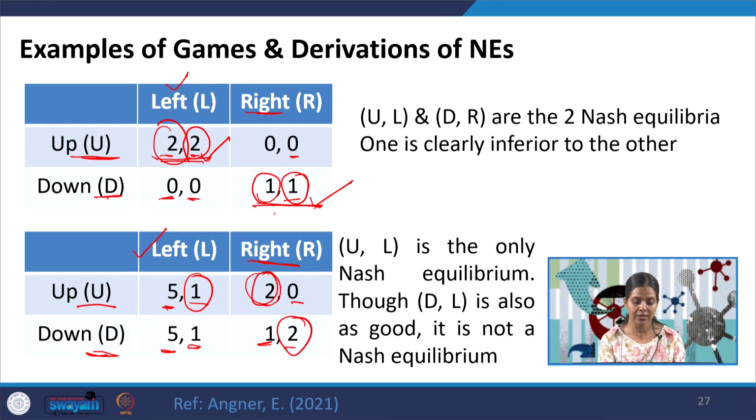So, here in this case you can see that UL, because player 1 was indifferent between 5 and 5, she can play both.